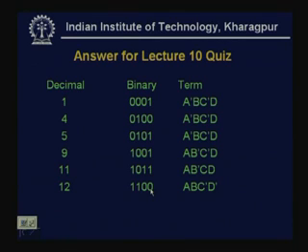Now, the min terms will be, 0 means complemented variable, 1 means uncomplemented.